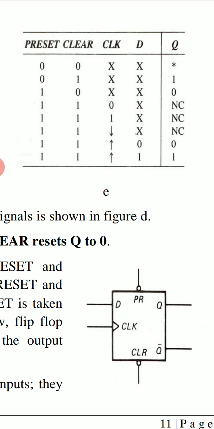It is set with low preset. And when preset is 1 and clear is low, then output Q is 0. So it is clear, that is 0, output is 0 when clear is 0.